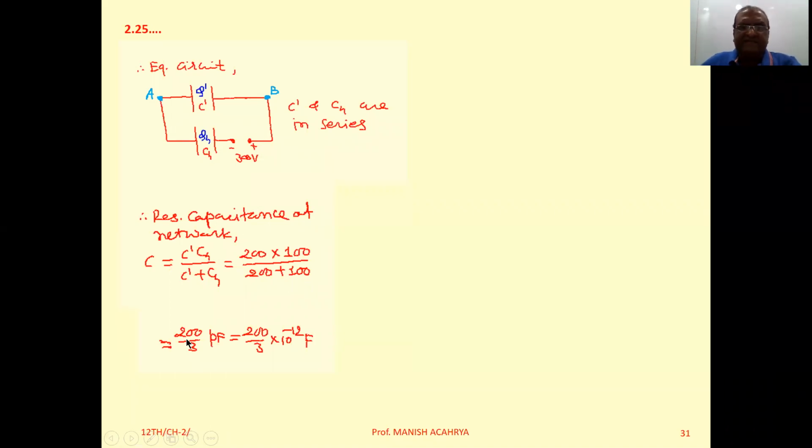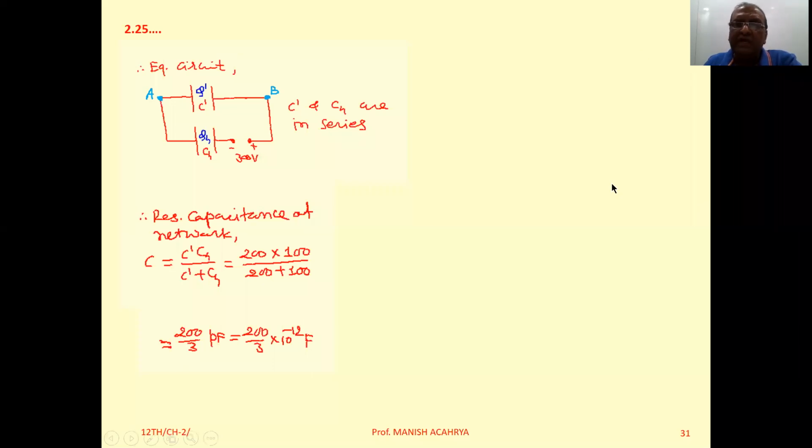You will get the answer 200 by 3 picofarad, so that is 200 by 3 into 10 raised to minus 12 farad. This is the equivalent, or we can say the resultant capacitance of the given entire network. Clear up to this one?